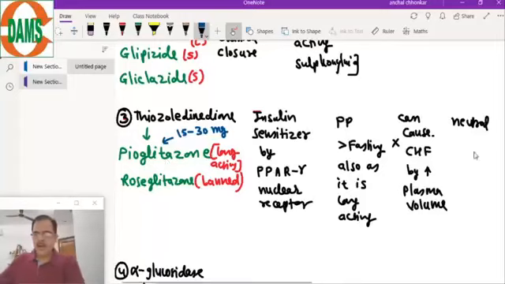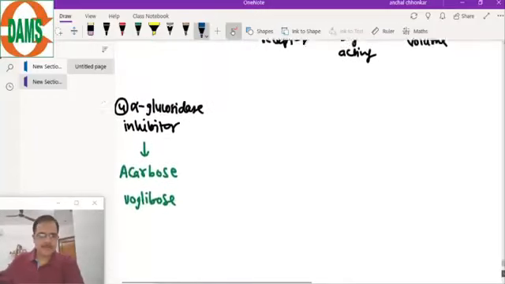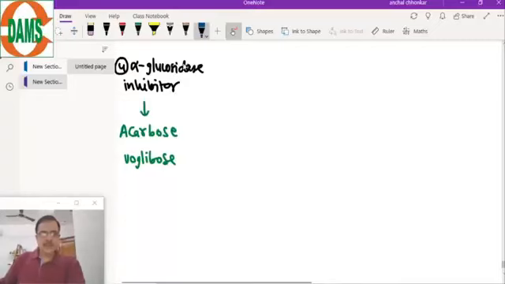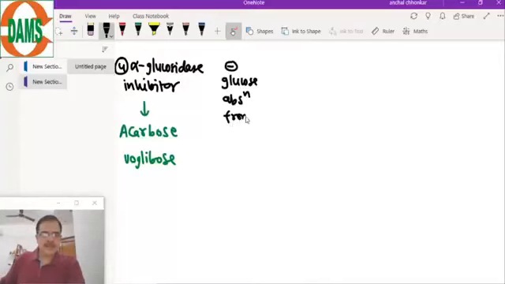Now the alpha glucosidase inhibitors. As the name suggests, the mechanism of action is inhibiting glucose absorption from the GIT.